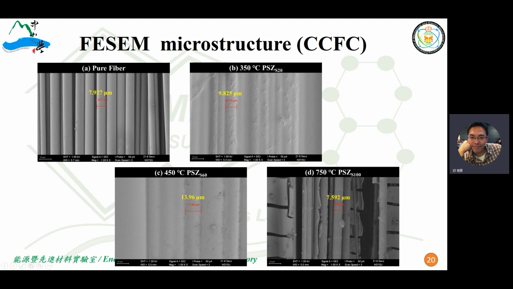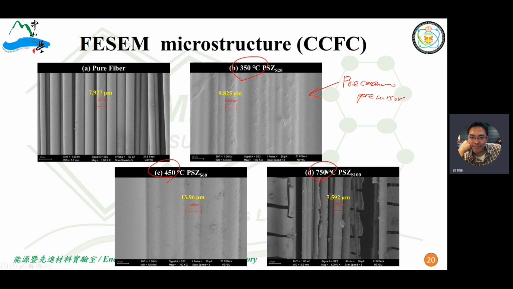After coating with the preceramic precursor polysilazane and heat treating at 350, you can see this fiber is fully covered by the preceramic precursor, right? And we have these images with different pyrolysis temperatures: 350, 450, and 750.